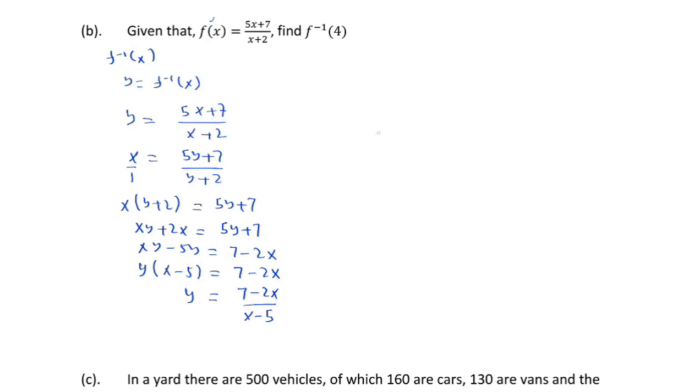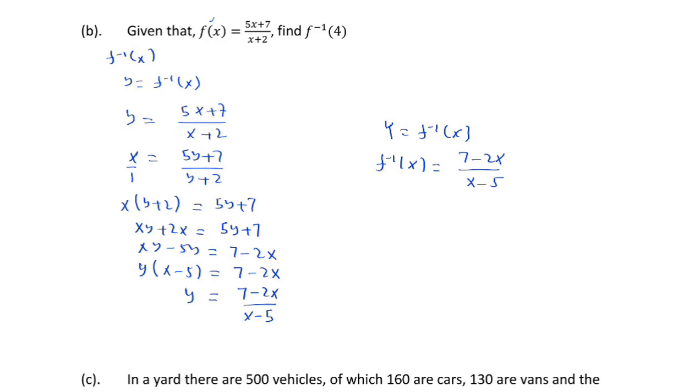Now let y = f⁻¹(x). So, f⁻¹(x) = (7 − 2x)/(x − 5). Now let us substitute x with 4 to find the inverse function of 4.